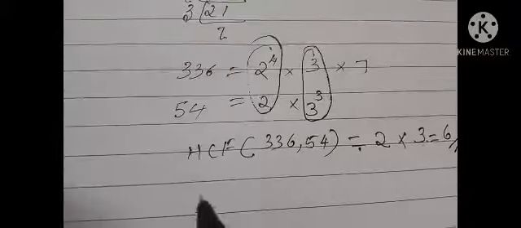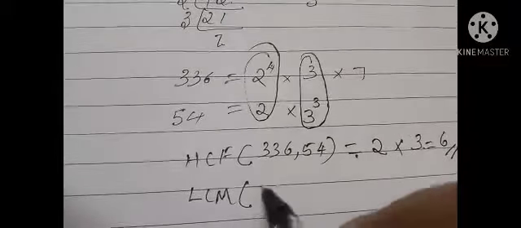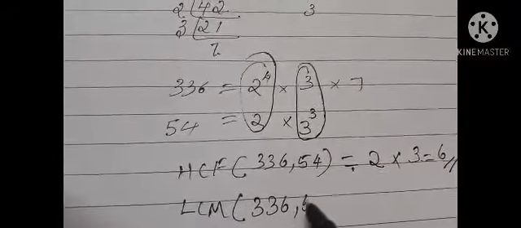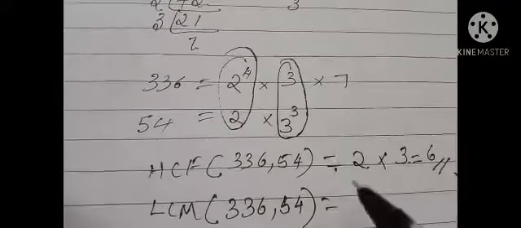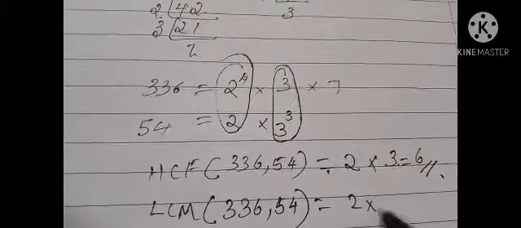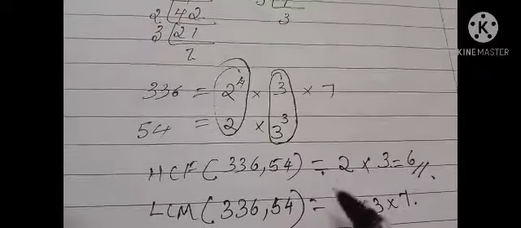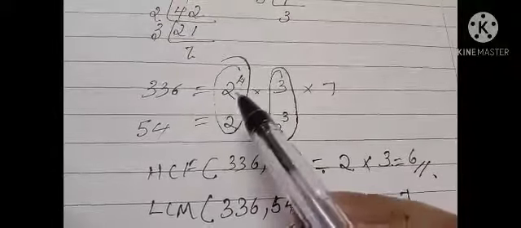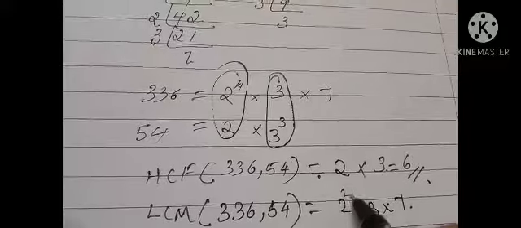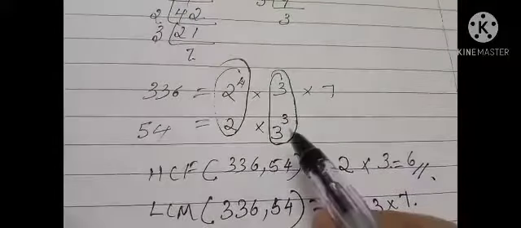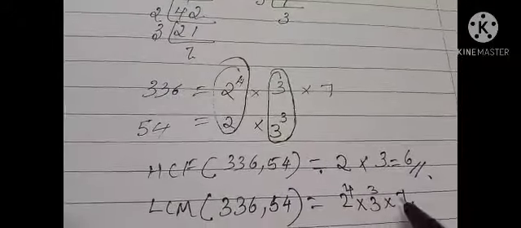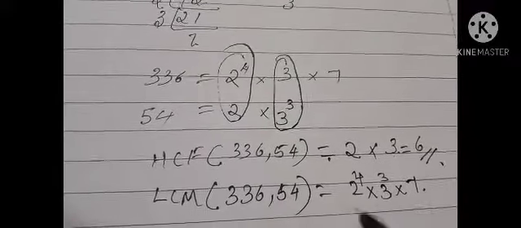Then we have to find LCM of them. So LCM of 336 and 54. So first we can write all the possible factors: 2, 3, 7. Then the maximum power of 2 is 2 raised to 4. 3, which is the maximum power, 3 raised to 3. 7, there is only 1 7, that itself we can write.